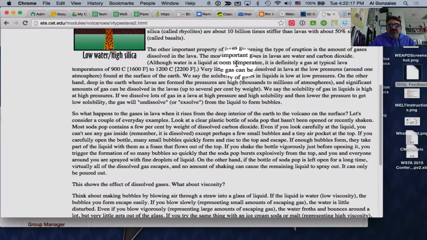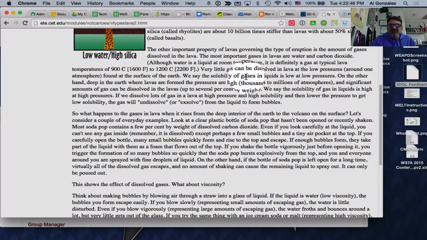Although water is a liquid at room temperature, it is definitely a gas at typical lava temperatures of 900 degrees Celsius, or 1600 degrees Fahrenheit, to 1200 degrees Celsius, or 2200 degrees Fahrenheit. Very little gas can be dissolved in lava at the low pressures, around 1 atmosphere, which just means sea level, found at the surface of the Earth.